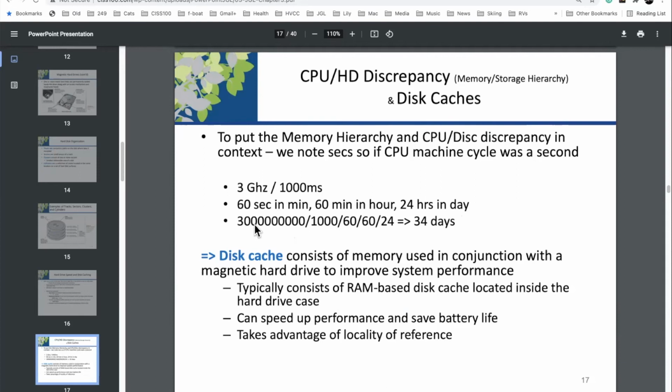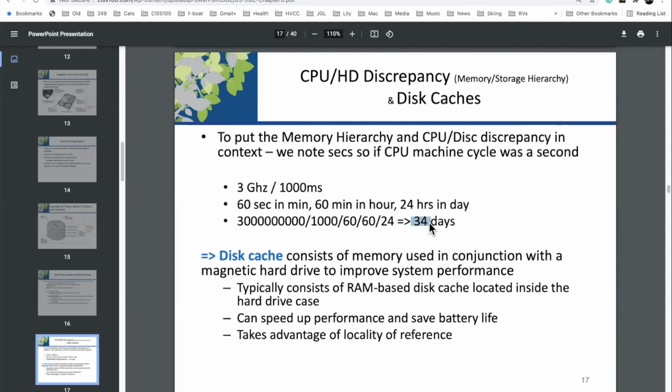So 3 billion divided by 1,000, divided by 60, divided by 60, divided by 24, essentially 34 days. Let that sink in. If the CPU was operating with a clock tick as 1 second, it would be waiting 34 days for a piece of data to come from the hard drive.